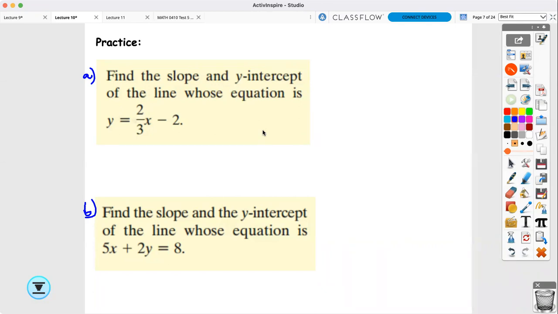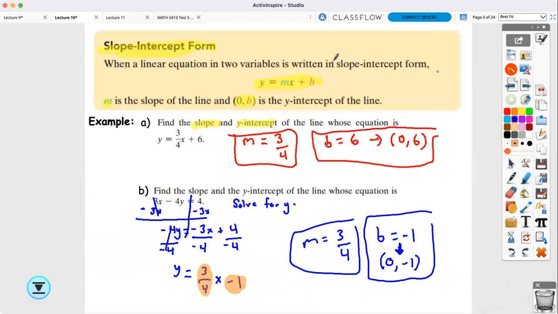All right, so let's go back to the other side before I jump into these practice problems. So the formula slope intercept form is y equals mx plus b. The reason why this formula is so special is because m is next to what letter?